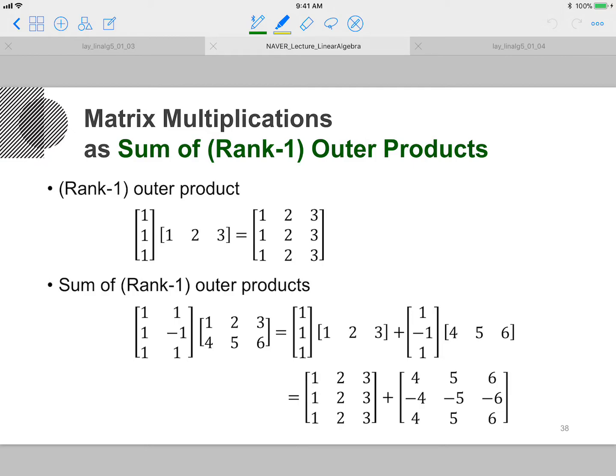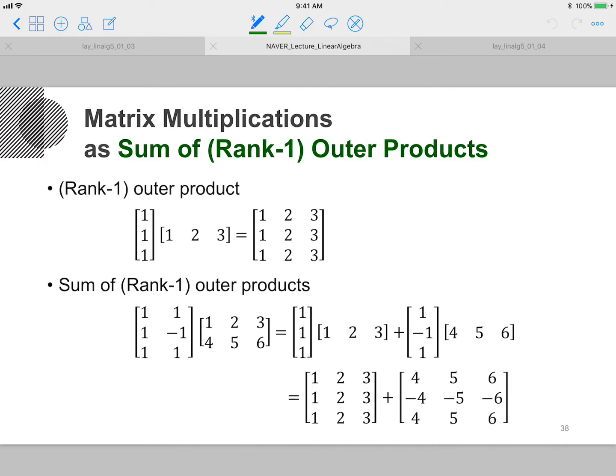And then there is another perspective of viewing this matrix-matrix multiplication. So far we studied how to understand matrix-matrix multiplications in terms of column combinations and row combinations. The last perspective of understanding matrix-matrix multiplication is as follows.